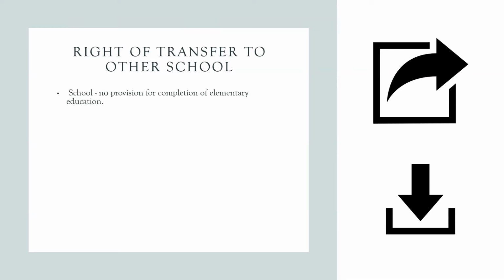They have to be admitted in some other school. So they have a right to be transferred to any other school. For the purpose of transfer, there are certain things that happen. That I will tell you in a bit.